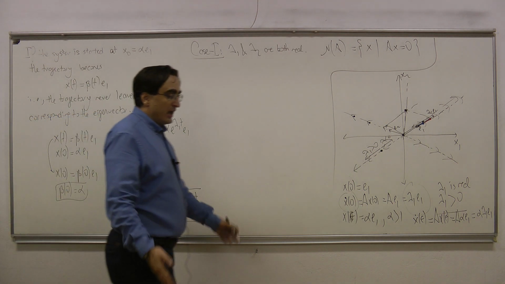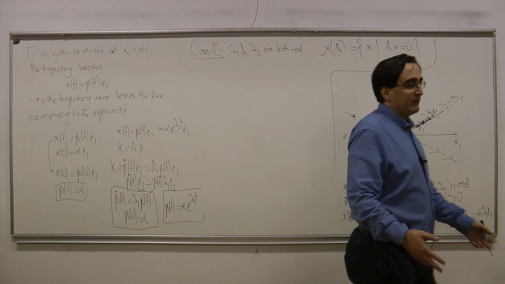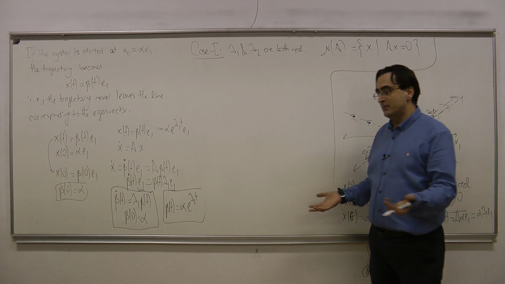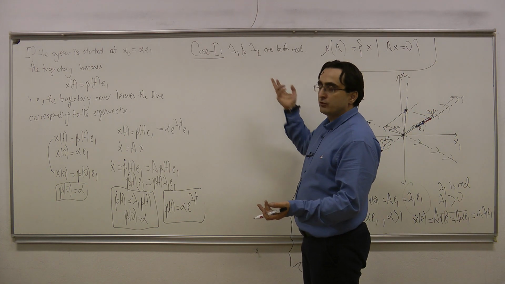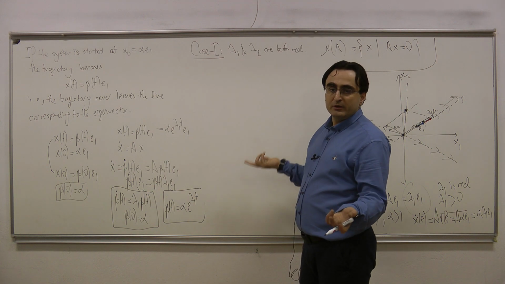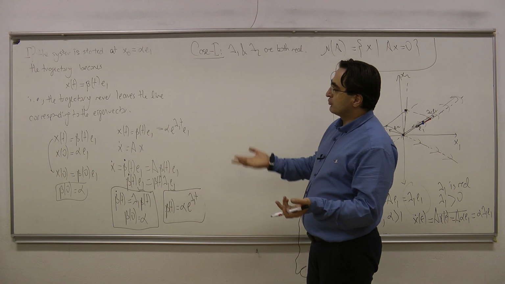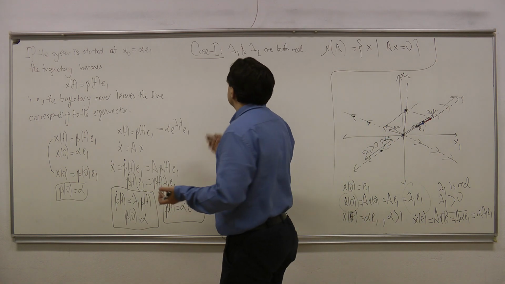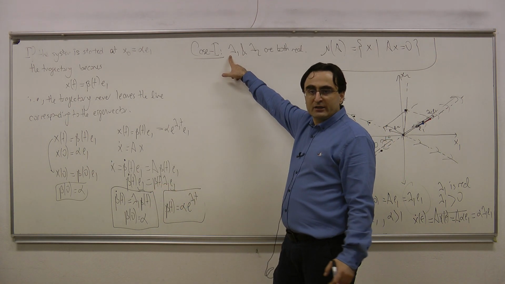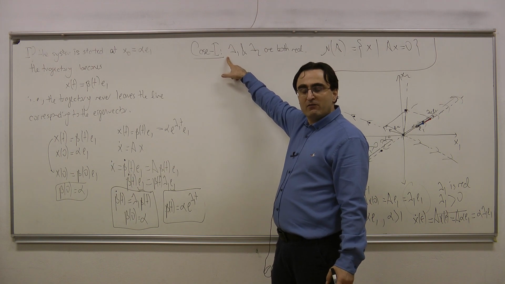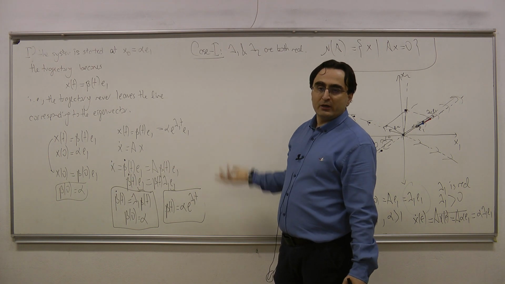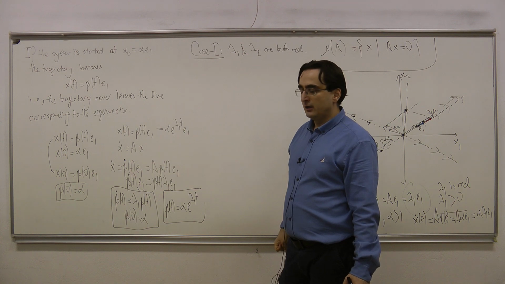Okay? If the A matrix contained complex elements, then one of the eigenvalues might be complex and the other one might be real. But if the A matrix is composed of only real elements, then when one of the eigenvalues is a complex eigenvalue, the other one is going to be its complex conjugate. Okay?